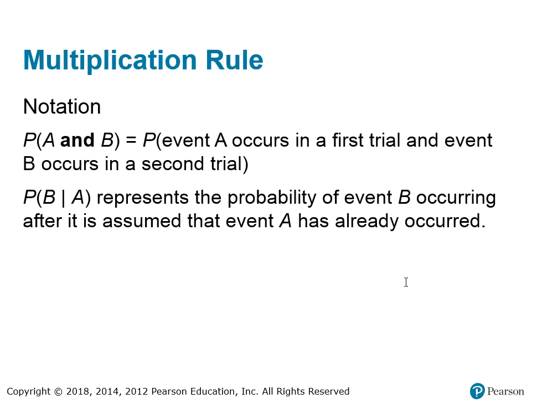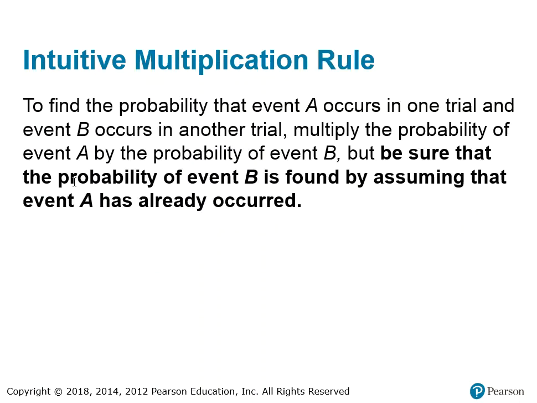The multiplication rule: its notation is probability of A and B occurring. When we read the bottom one, it says probability of B given that A is occurring, and this one's a little bit different because we know a little bit about the information prior to determining its probability.